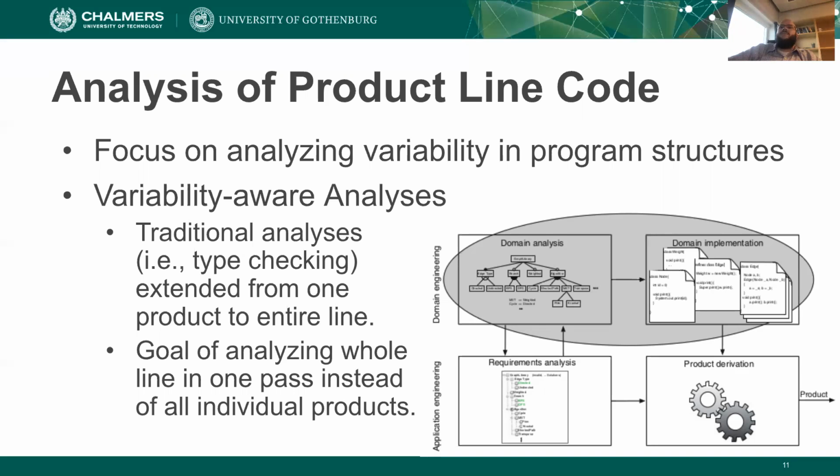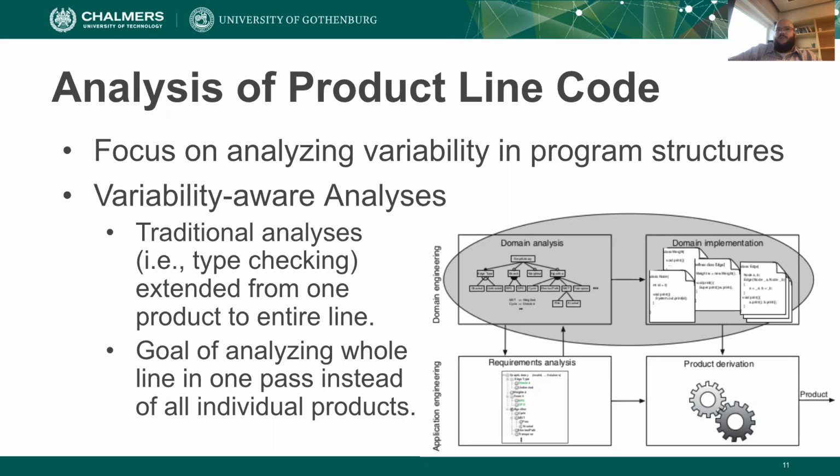Some types of analysis you might want to perform across the entire product line include type checking, making sure that the code is used as expected based on the data type it follows; flow of data and how data can flow between different parts of the code; and verification of facts across the product line. Memory management, deadlock, concurrency issues. Those are the types of things we might want to analyze.